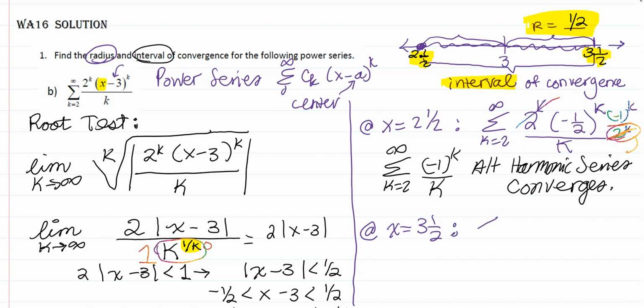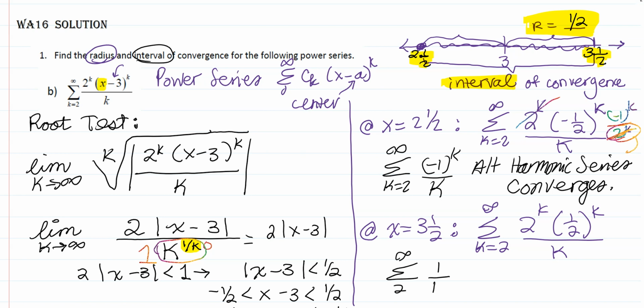So when we do the same thing and simplify, we'll get a very similar series, except the 1/2 right there is going to be positive. So when we simplify that, we get the series from k equals 2 to infinity of 1 over k. And that is a harmonic series. And we know a harmonic series diverges.